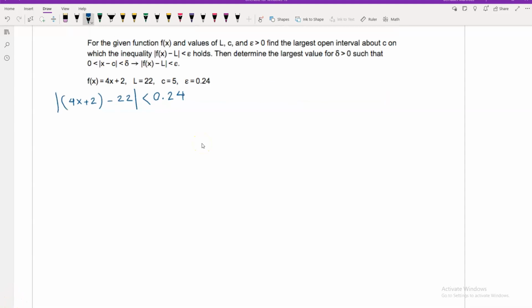So here we have to solve absolute value of f of x minus L less than epsilon. In this case, f of x is 4x plus 2. So we have absolute value of 4x plus 2 minus 22 less than 0.24. So what we have inside the absolute value is between negative 0.24 and positive 0.24.